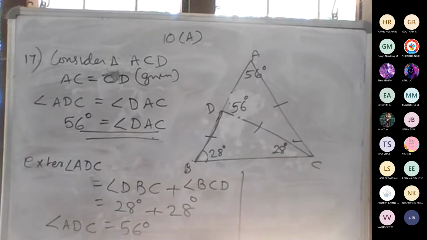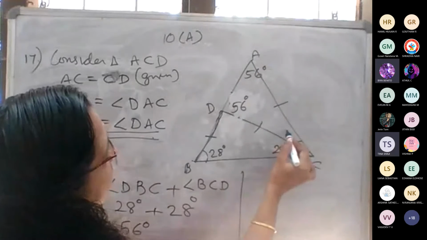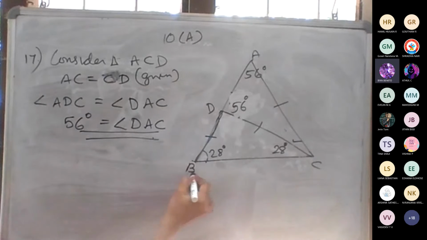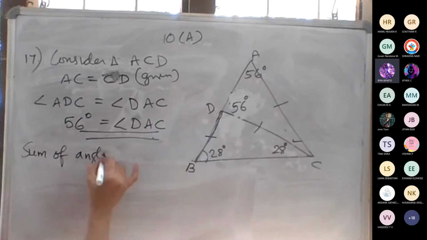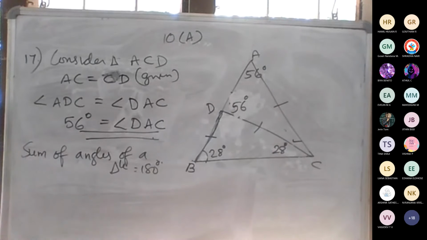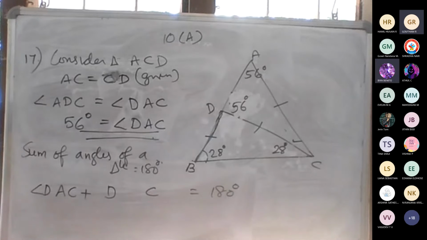Next is easy, no? We have to reach ACD. Sum of angles of a triangle is equal to 180 degrees. So angle DAC plus angle ADC plus angle ACD is equal to 180 degrees.